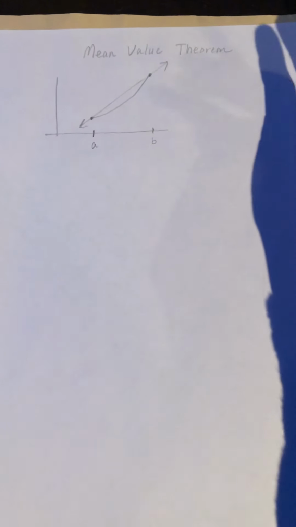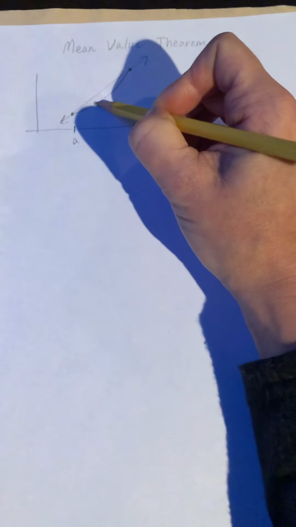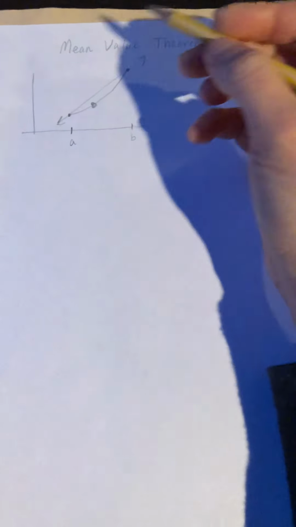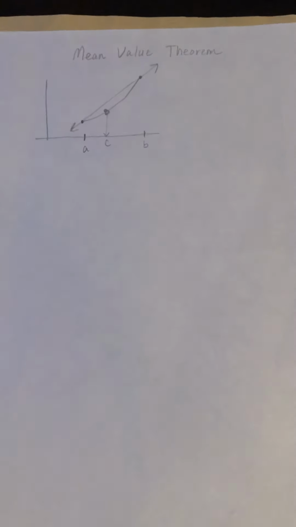So I'm just going to estimate that that might be, I don't know, right about here. We're just really eyeing this out. And the mean value theorem calls that location C.